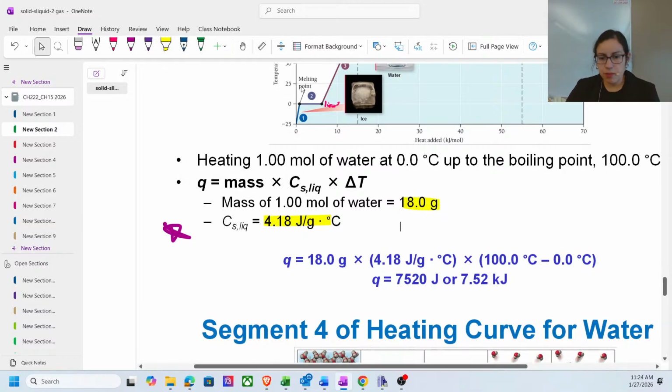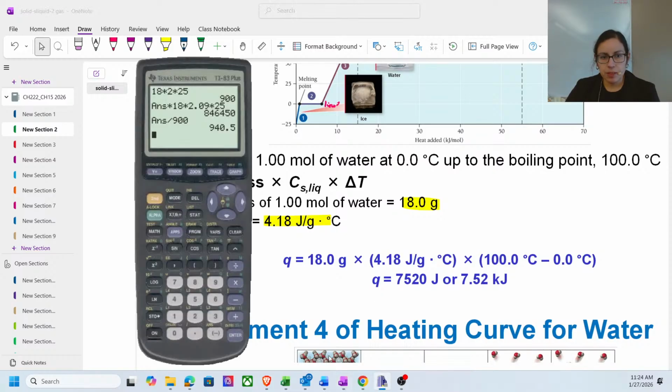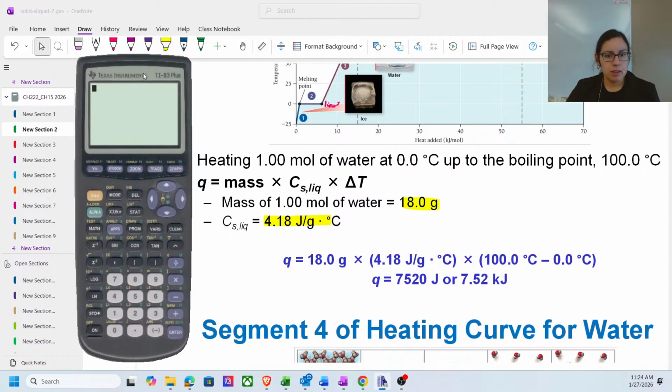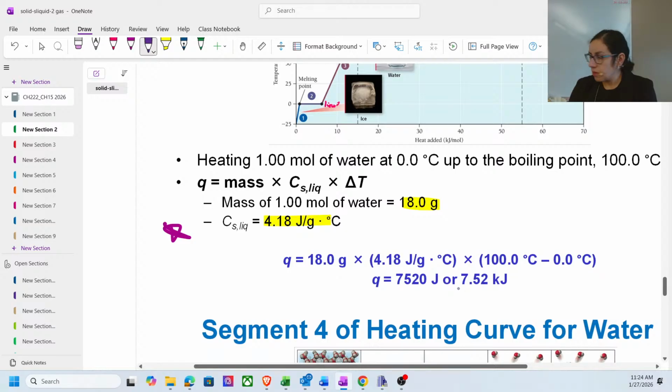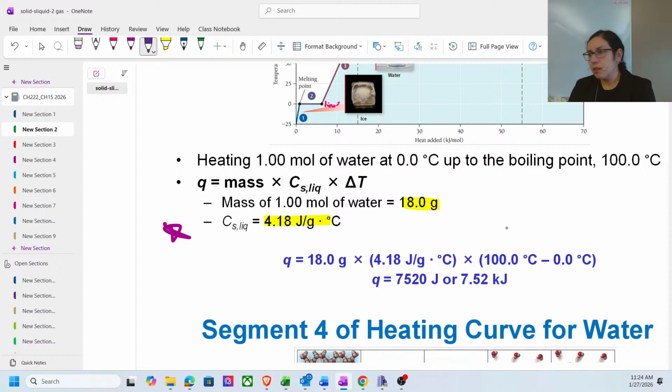Then we have a temperature difference of 100. And then we'll just plug it in. So our mass, 18 times our heat capacity times 100. And so that's in joules. So about 7,520 joules there, or converting to 7.52 kilojoules. Everybody still makes sense for the most part?